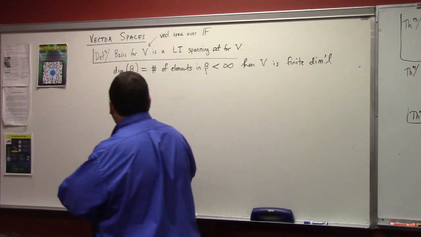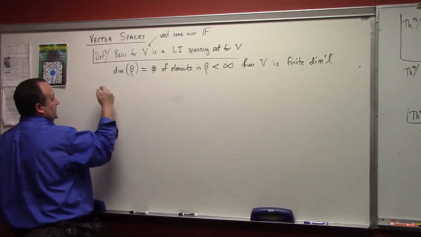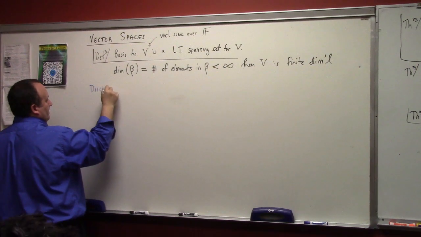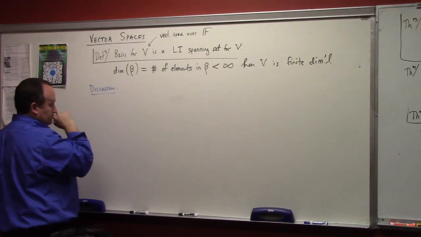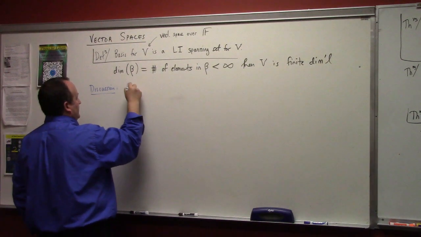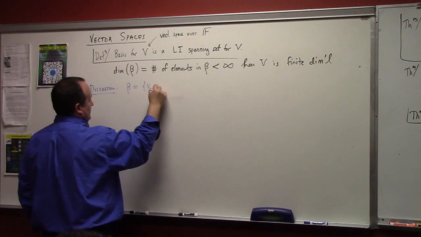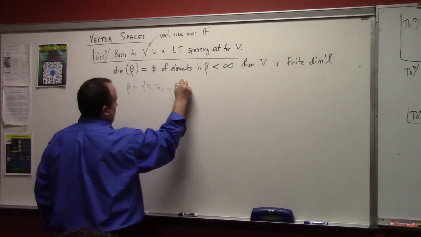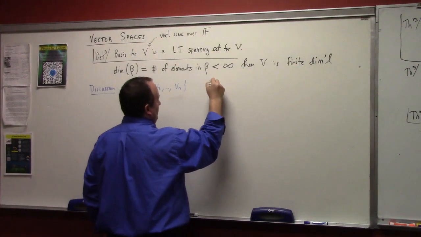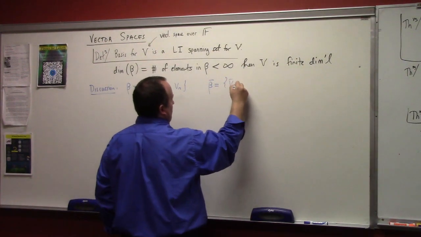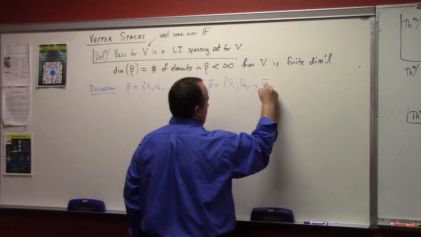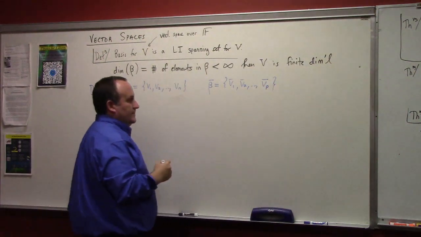So consider this then. Suppose we have beta equal to, let's say, v1, v2, up to vn, and we have beta bar equal to v bar 1, v bar 2, up to v bar, let's say, p, right?